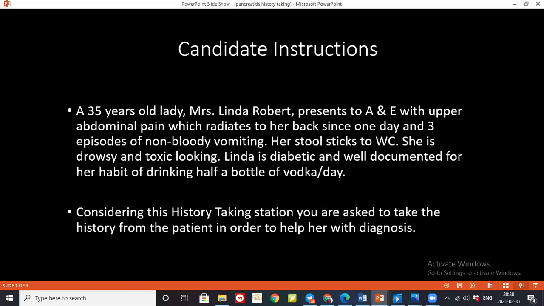I'd scale my pain at 8. So sorry to hear that. Would you like me to give you any analgesia to suppress the pain? Yes, please. Okay, so I will ask the nurse to get that to you. Okay, so when you feel this pain, do you have any other symptoms? Do you feel sick, like vomiting or nausea?